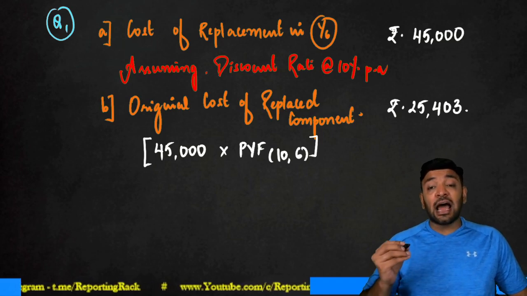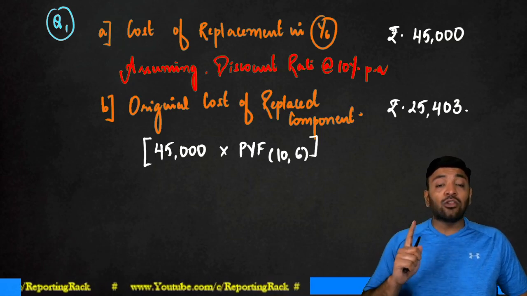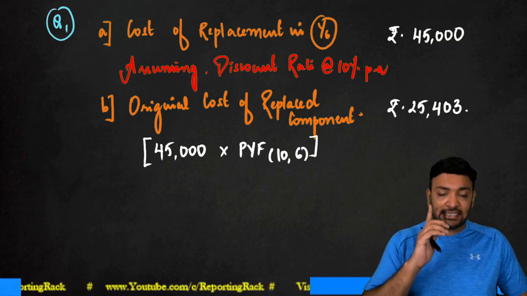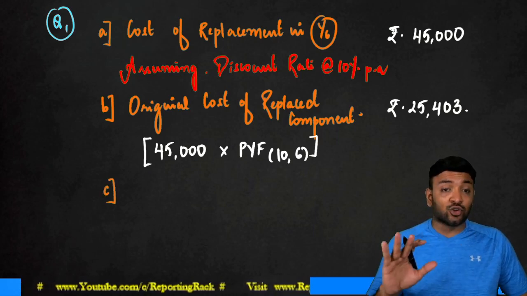But we will have to identify the depreciation up to year 6. The original useful life of the asset is 10 years, so this is depreciated over 10 years, assuming there is no residual value.